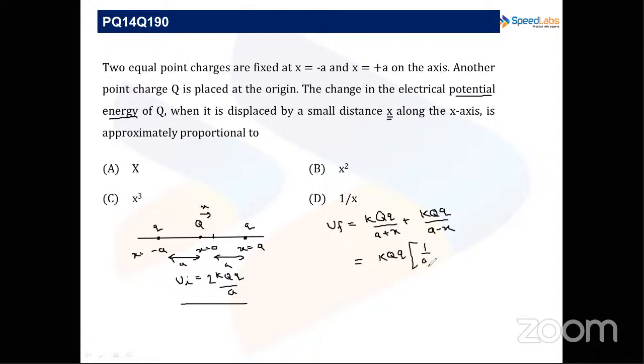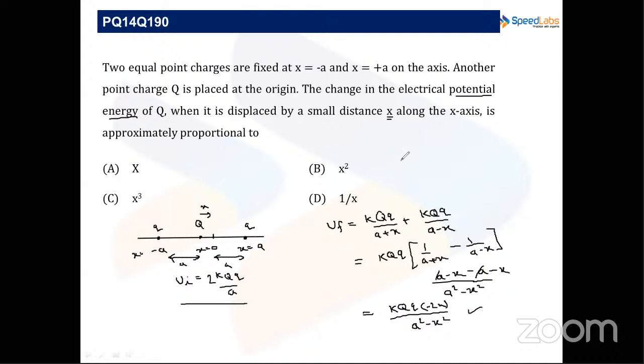It is 1 by A plus X plus 1 by A minus X. Now you take LCM, so it is A square minus X square, that is A plus B, A minus B, and A minus X plus A plus X. So A is cancelled and we get 2x, right? So potential energy is KQq times 2x divided by A square minus X square. This is the final potential energy.